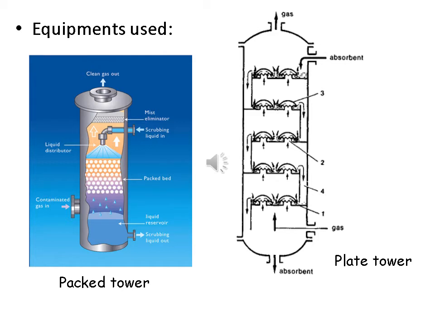The gas rises up against the liquid path through the voids of the tower packing. At this time, the pollutants dissolve into that liquid, and the fresh air will reach the top of the control device, and we can easily disperse it into the atmosphere.